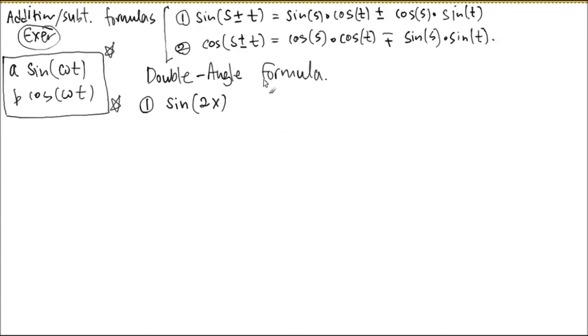And you can use this formula to rewrite it in terms of first power, in terms of sine x and cosine x. So what do you see? How are you going to use the addition formula to attack this one, you think? 2 times x. Can you write that as a sum of two things? So that you can apply this addition and subtraction formula. Sine of 2x is what plus what? 1 plus 1 is 2, not 2x, right?